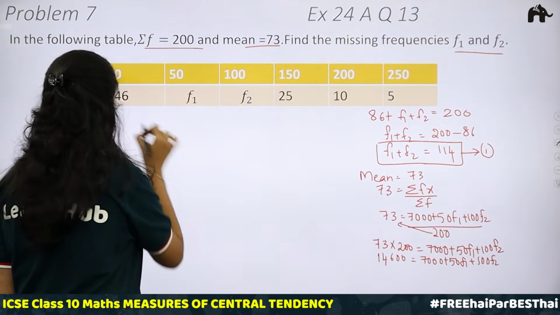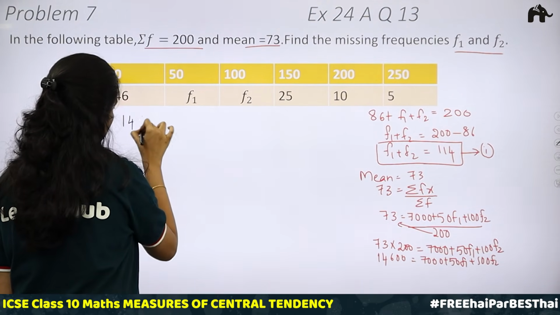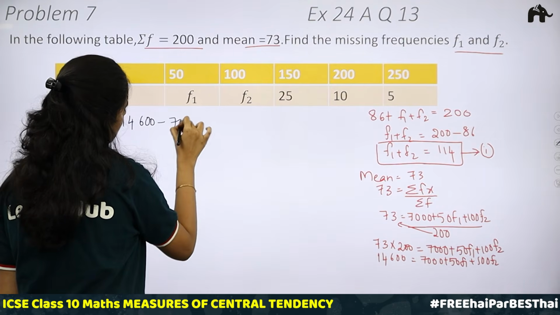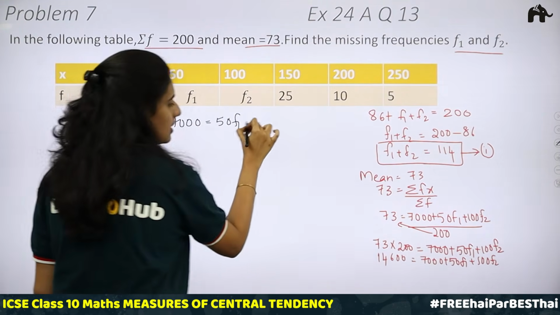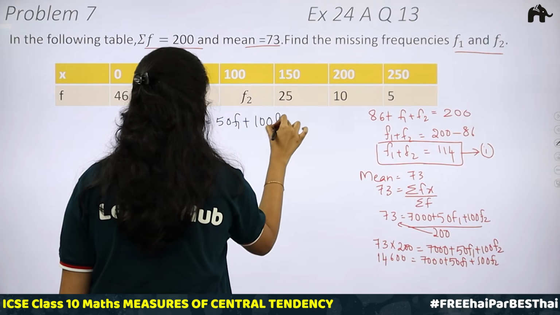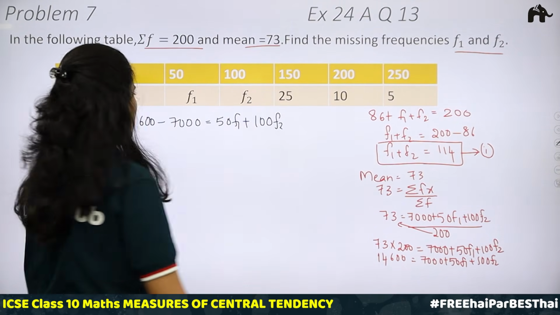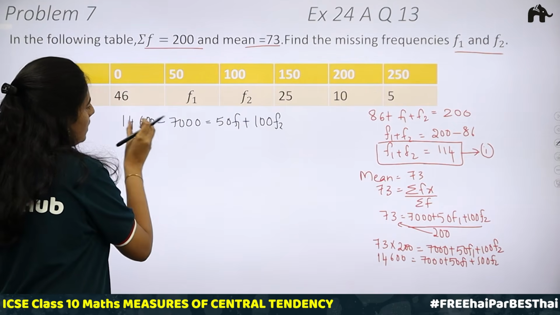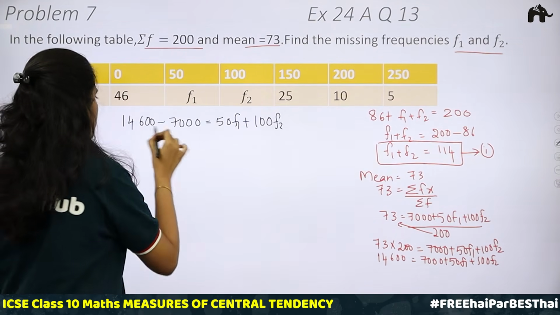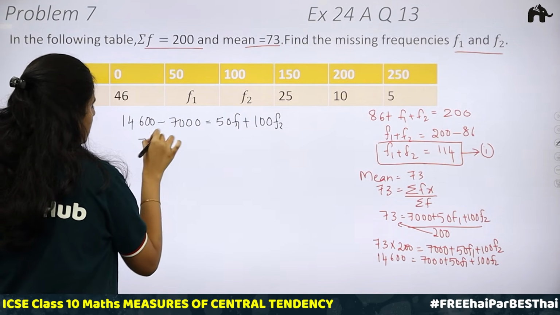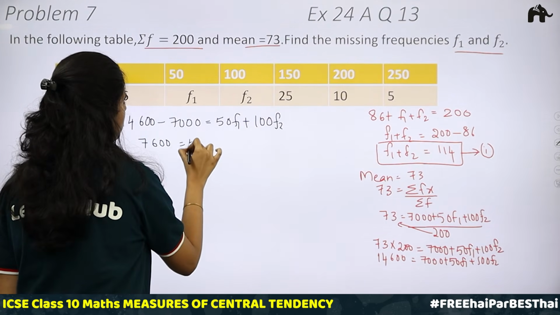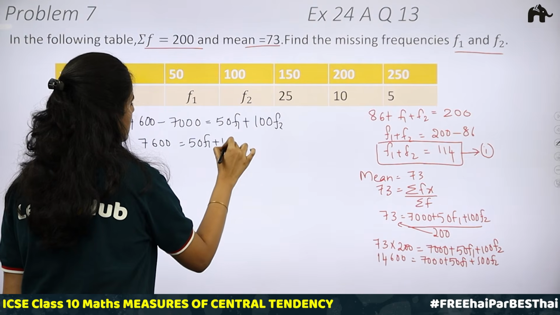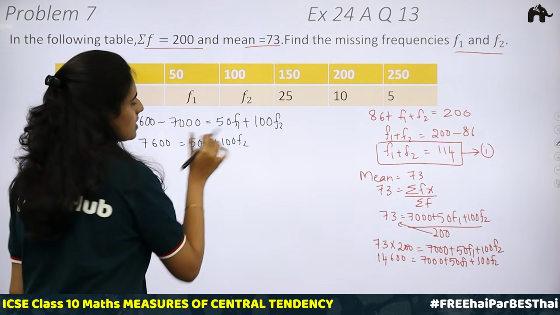Therefore we are having 14,600 minus 7,000 is equal to 50 f1 plus 100 f2. Now what is 14,600 minus 7,000? We'll be getting 7,600 equal to 50 f1 plus 100 f2. 50 is common here.